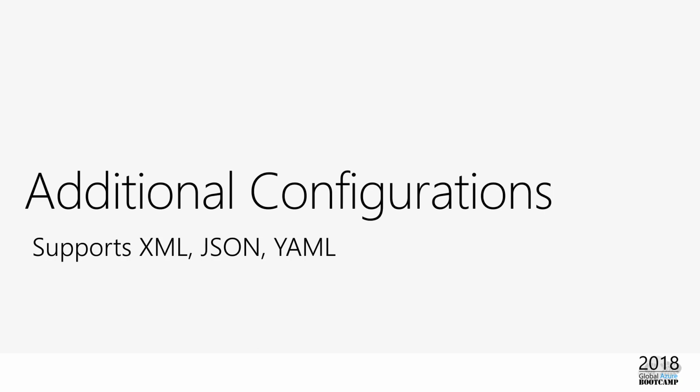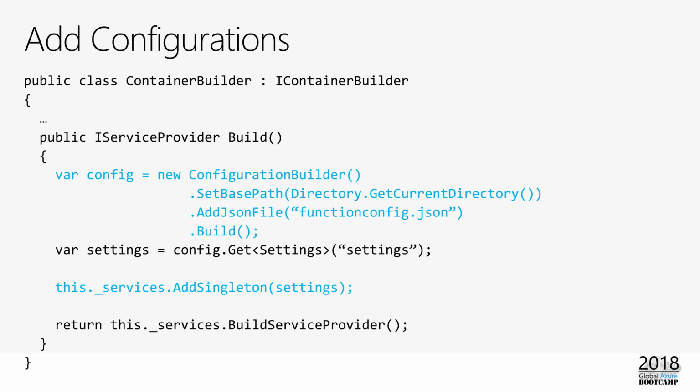Within the container builder and build method, we simply define a configuration builder, add a JSON file, build and deserialize the configuration settings, and register those settings into the IoC container as a singleton. That's how we can add configurations in our dependency management.